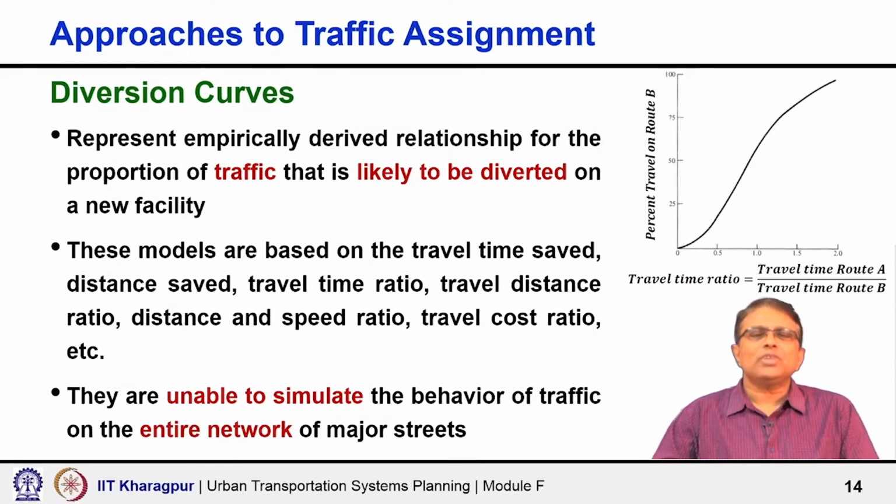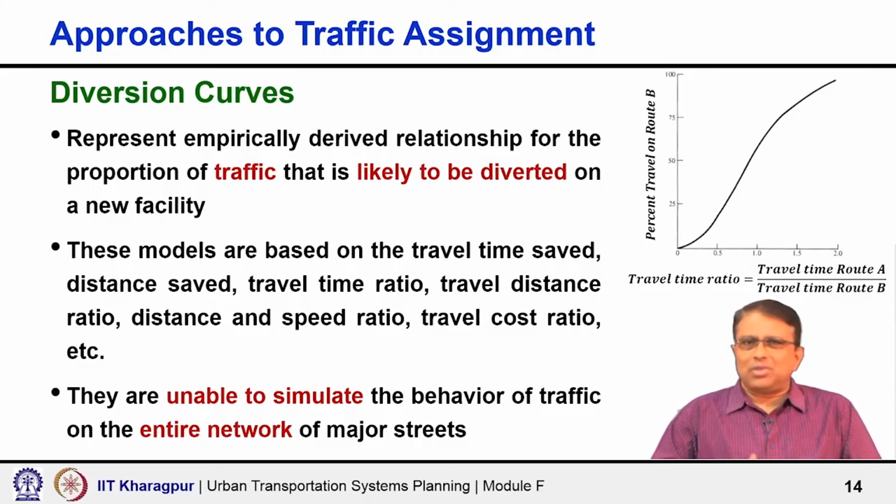Fine. Now, another approach is also used, what is called diversion curves. It represents an empirically derived relationship of the proportion of traffic that is likely to be diverted to a new facility, in most cases once it is constructed.